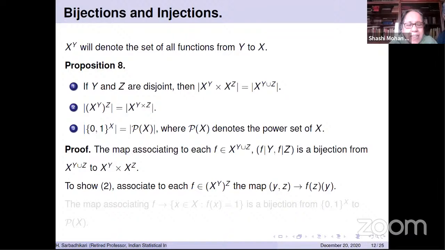If y is empty, then x to the power y is 1. It's the empty function. So this becomes x to the power z, which is 1 to the power z, which is 1. And x to the power y cross z: if y is empty, y cross z is also empty, so this also becomes 1. So I think there's no problem.